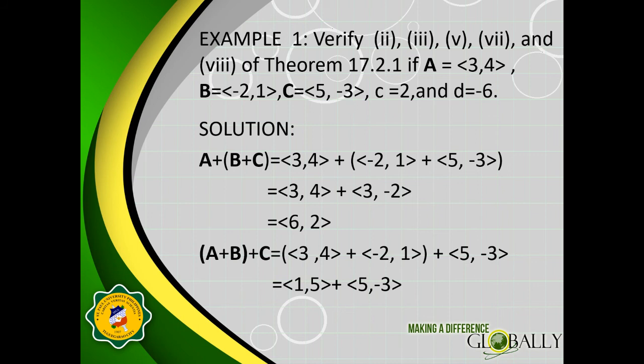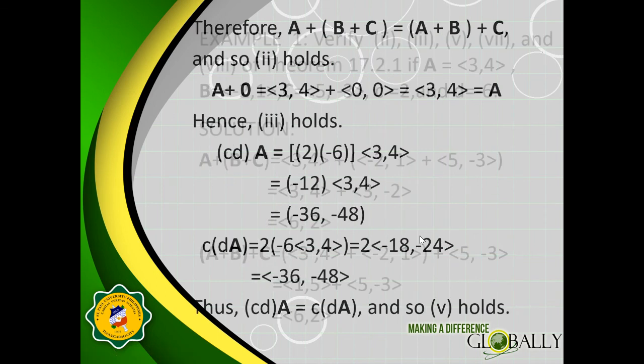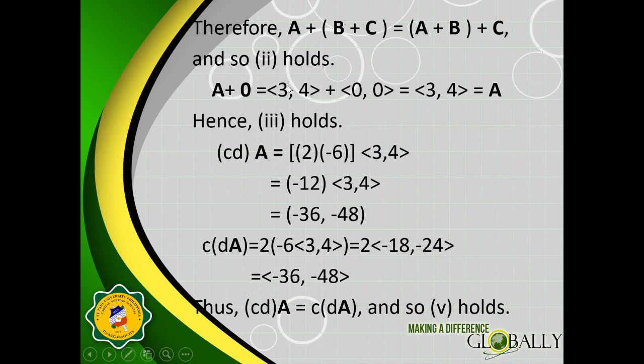It equals (1, 5) plus (5, -3) equals (6, 2). Therefore, A plus the sum of B and C equals the sum of A and B, plus C. So, the second equation holds.